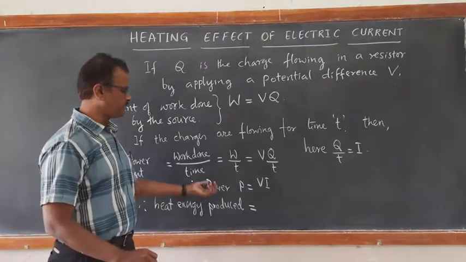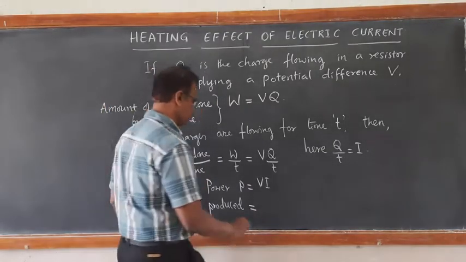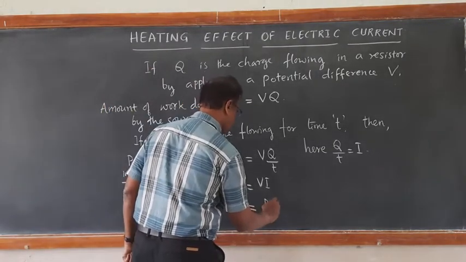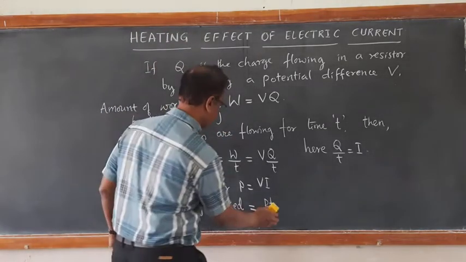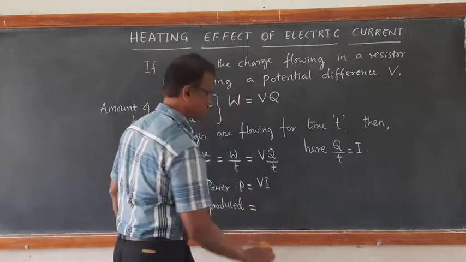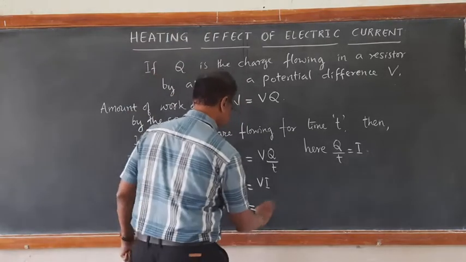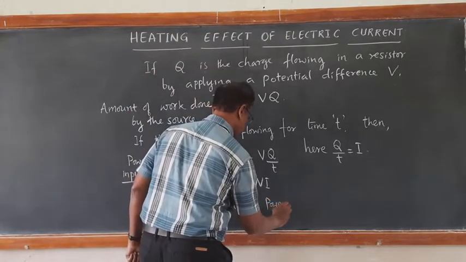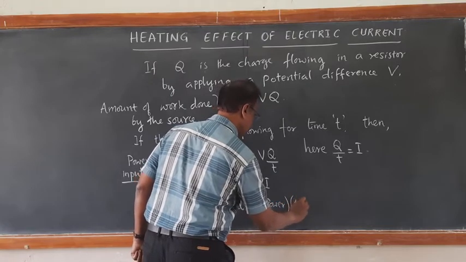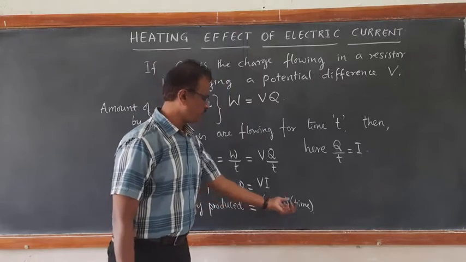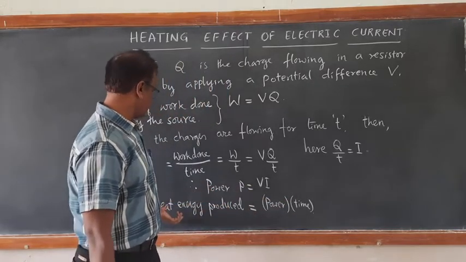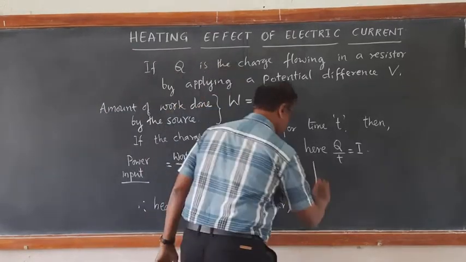Energy is equal to power into time. Power input into time. This power is nothing but electric power, VI. So VIT. Thus we get heat energy produced is equal to VIT.